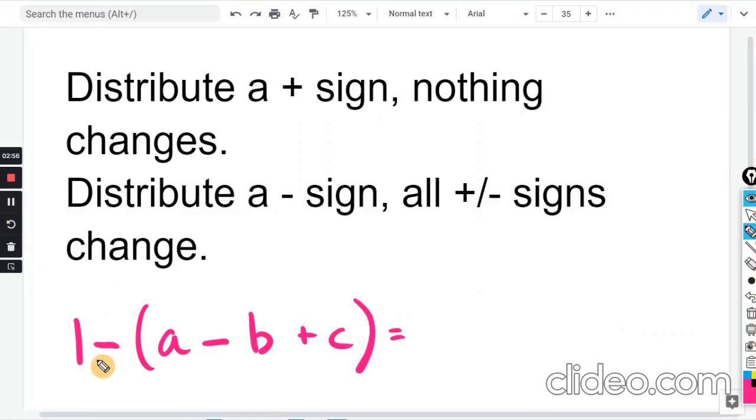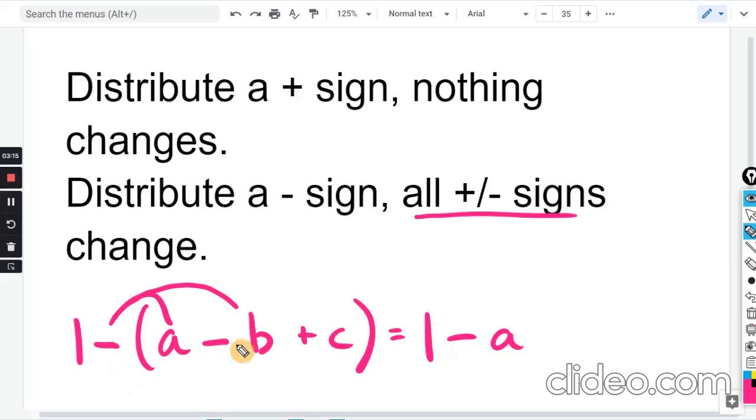Now if you have 1 minus parentheses a minus b plus c, all of the plus minus signs will change because you have to distribute this negative to each term. So you start with the 1, and then you would have minus a, minus negative b. The two negatives make it positive b.